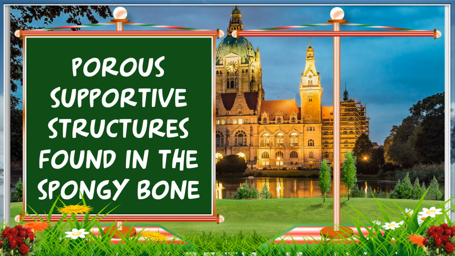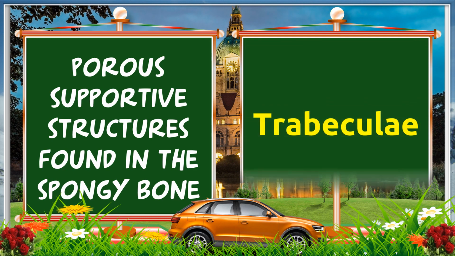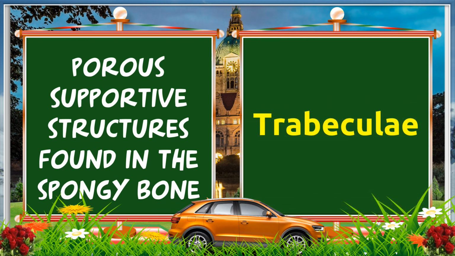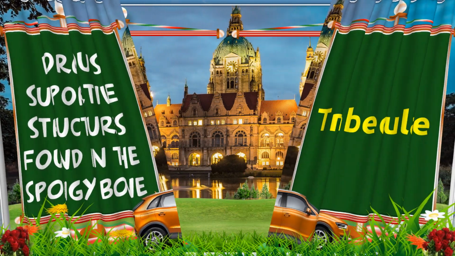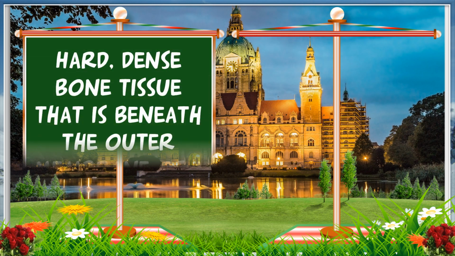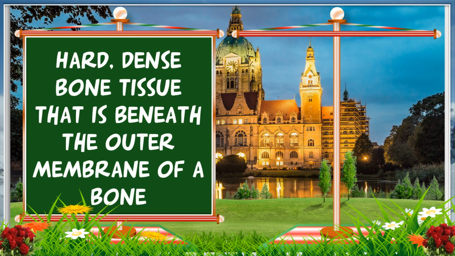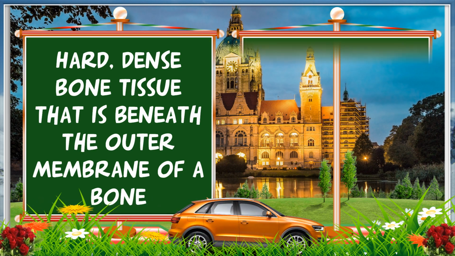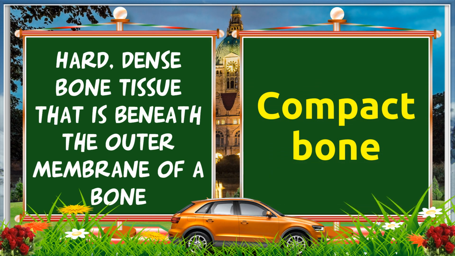Porous supportive structures found in the spongy bone. Tubercle. Hard, dense bone tissue that is beneath the outer membrane of a bone. Compact bone.